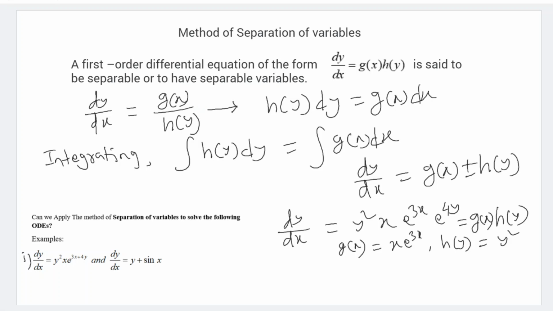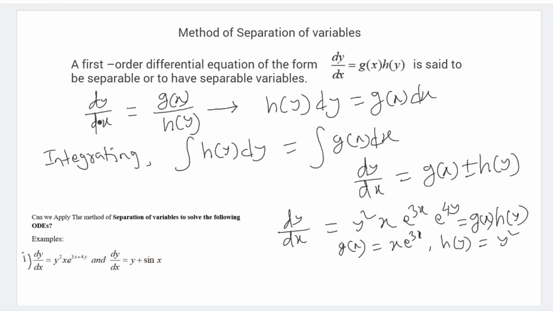In this video, we'll discuss how to solve first order ordinary differential equations using the separation of variables method. If the differential equation is of the form dy/dx equals g(x) h(y), that means dy/dx equals the product of a function of x and a function of y, then we can use separation of variables.